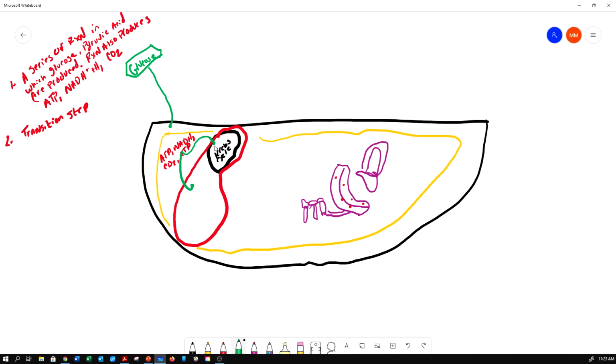We want to go here to the Krebs cycle, but we're not ready yet. We need to create something, and that something is called acetyl CoA.